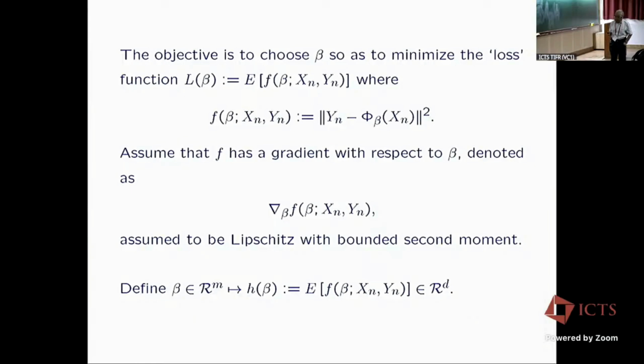So f beta is the instantaneous square error, and I define the map beta to h beta, which is the expected mean square error. I think I called it L beta earlier.